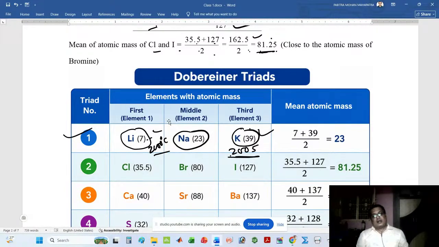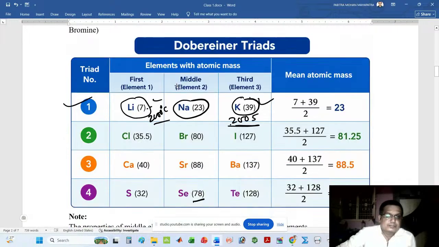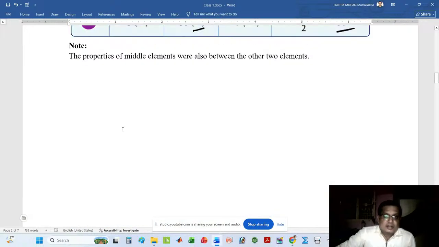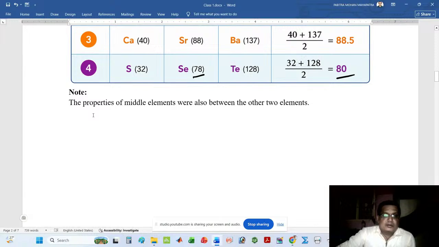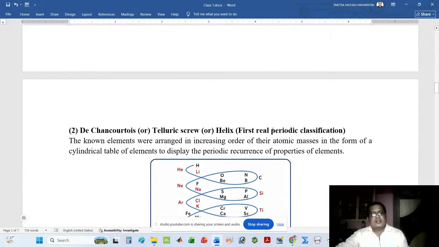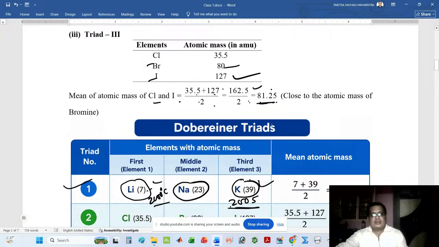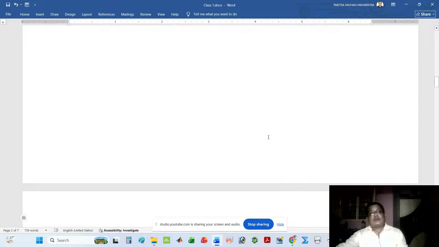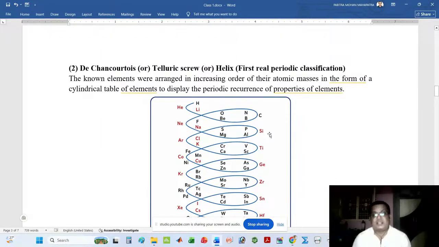Like that, third triad, fourth triad are available here. A point I have already given: the property of the middle element is also between the other two elements. This is Dobereiner's triads.